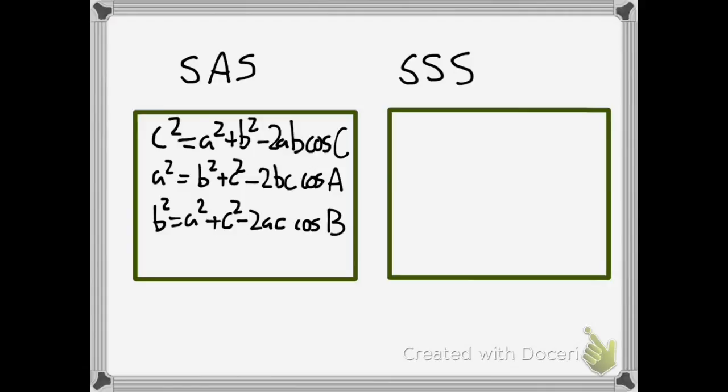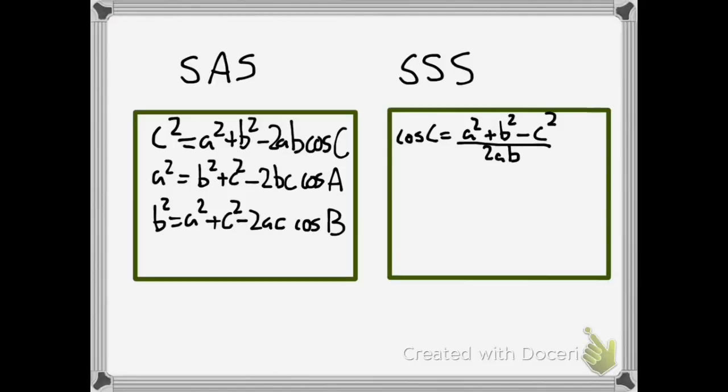For side side side, for C, it will be cos C, which would equal A squared plus B squared minus C squared all over 2AB.